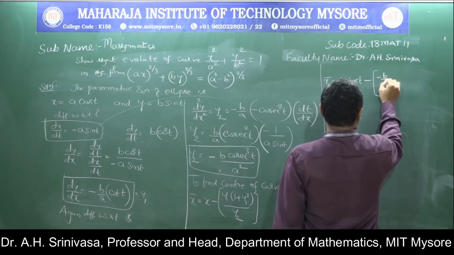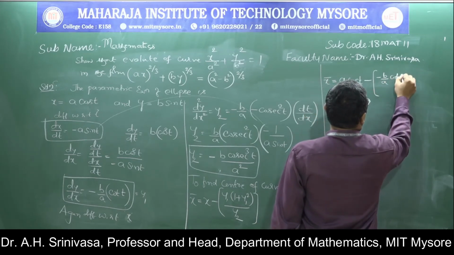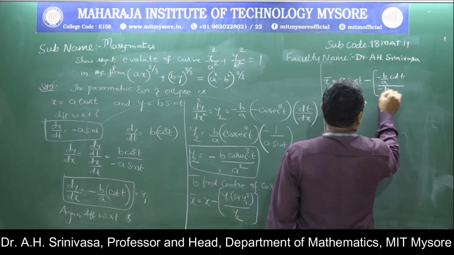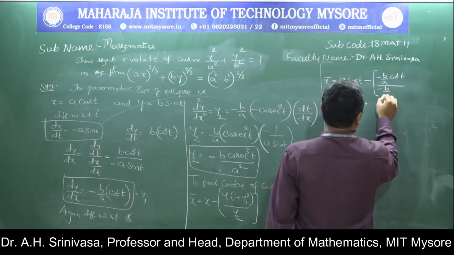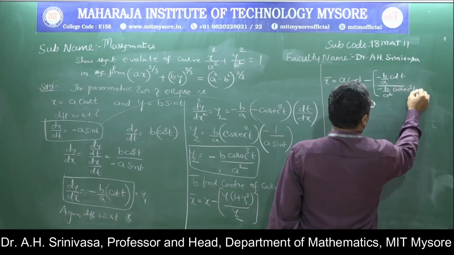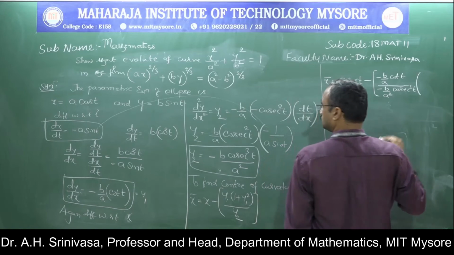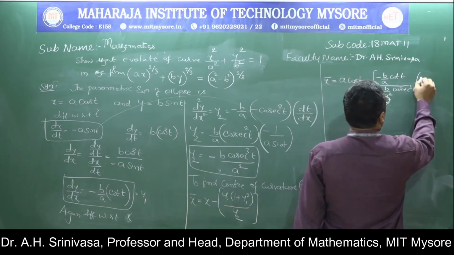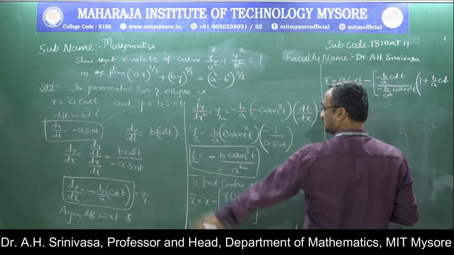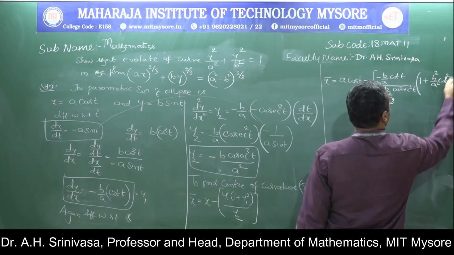Minus b by a cot t, then all divided by minus b by a square cosecant square t into 1 plus b by a cot, the negative will become positive, that is b square by a square cot square t.